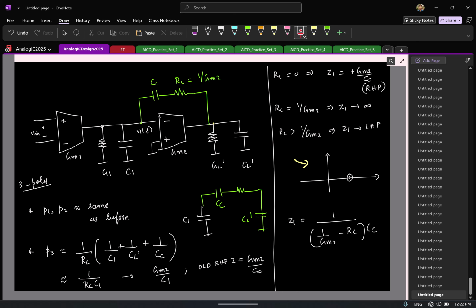And that is why you can't go crazy and say that I'll keep increasing RC so much, because you can slightly increase the amount of RC, but as you keep increasing the value of RC, you see that this third pole will start to dominate. That might start to kill your phase margin. So slightly greater than 1 by GM2 is usually okay, but if you make it really large, then these will not be valid, first of all, because I'll just have to mention these are for, within quotes, reasonable values of RC.